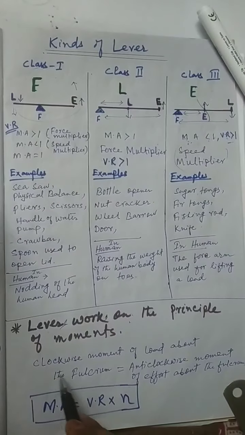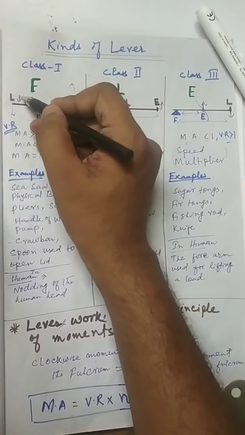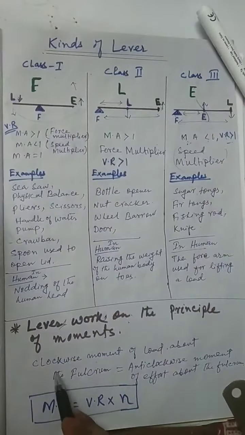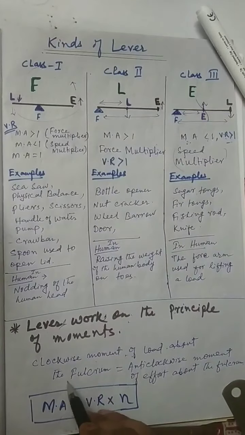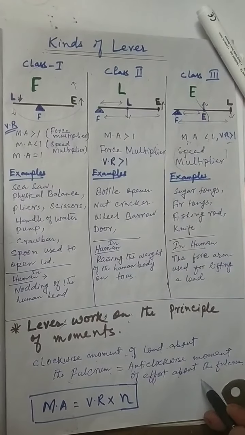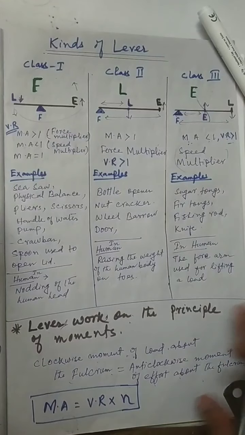So the clockwise moment of the load about the fulcrum is always equal to the anti-clockwise moment of the effort about the fulcrum. Okay, we will discuss this one in detail in the next video.